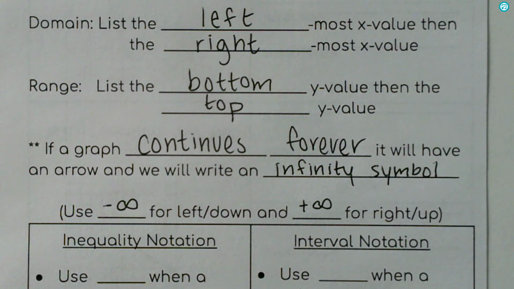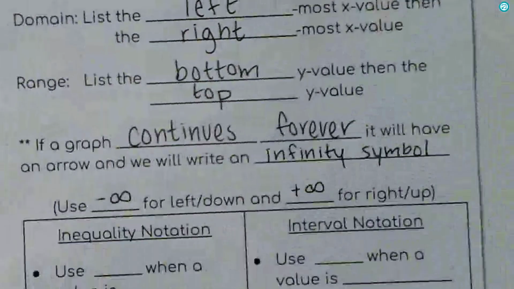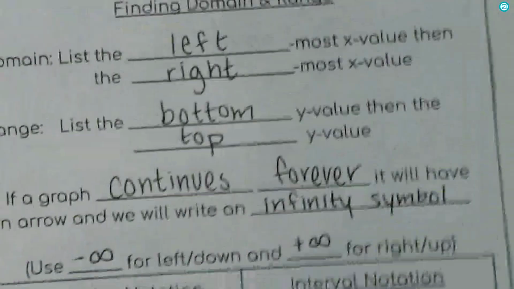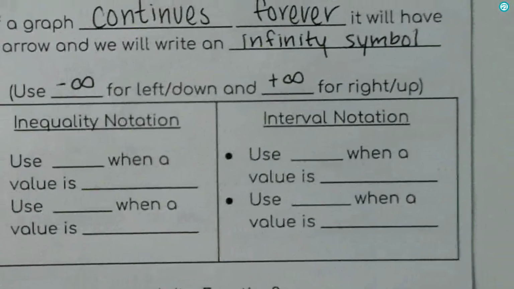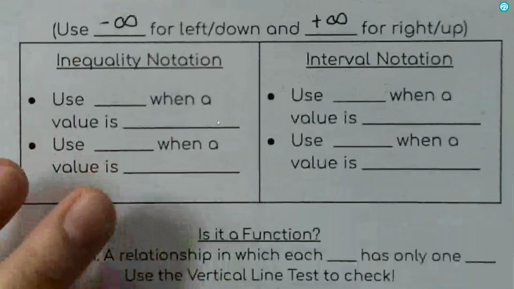Okay, when we do our domain and range for all of these problems, we are going to write them in two different notations. So notation just means how you notate something, how you write it. The reason why we're writing it two different ways is because you are going to see it two different ways in the future.